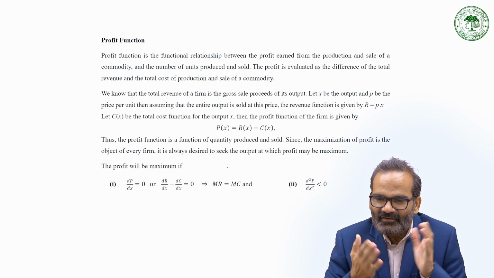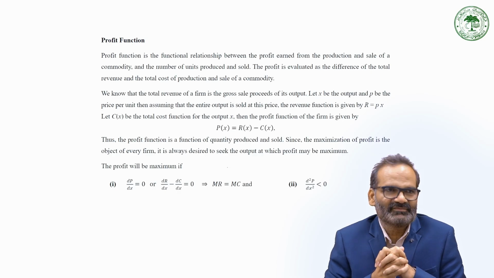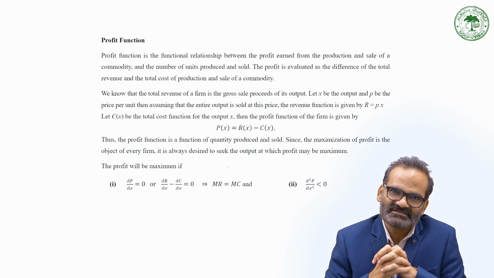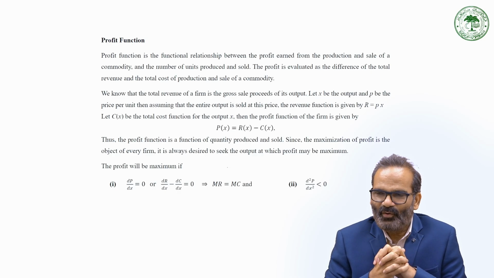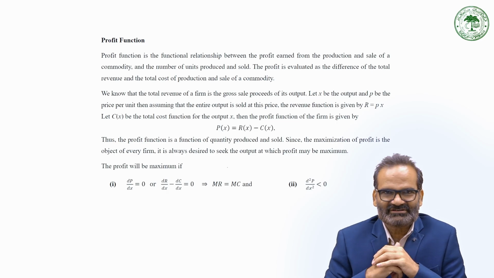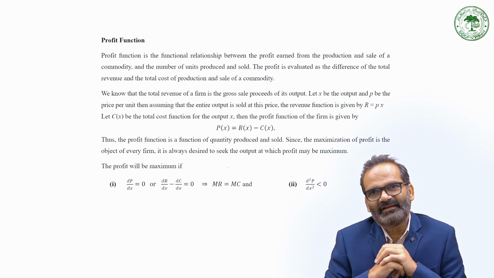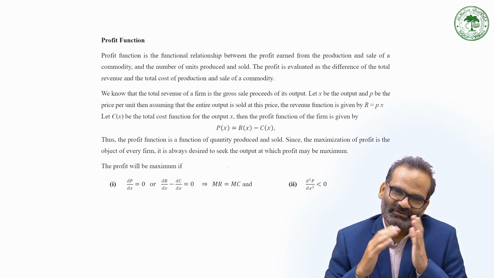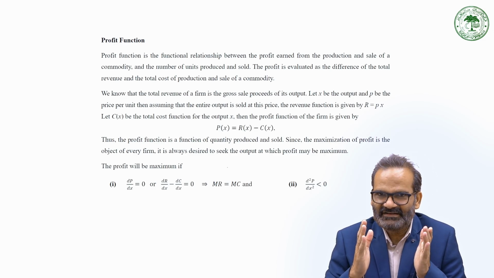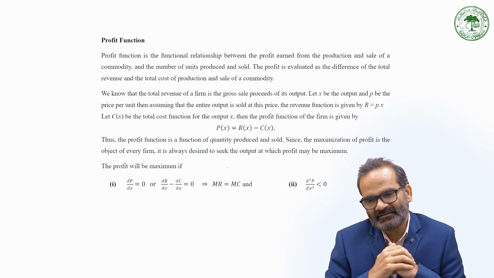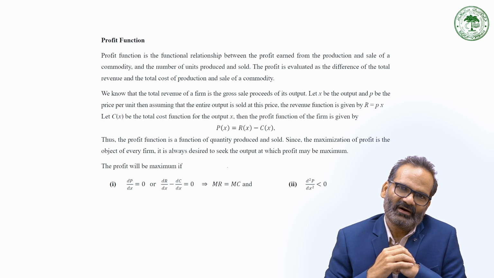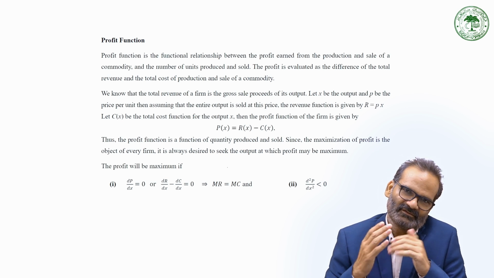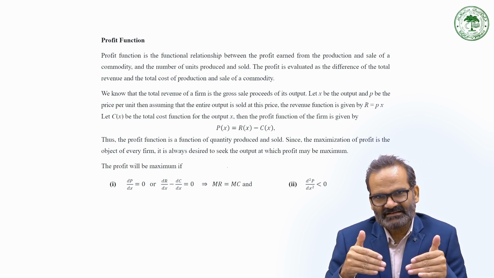Anyway, we need the difference of revenue minus cost. That will give you the profit, and at this point the profit function is always maximized. So use the same process as we did in the case of the revenue function. You know how a function is maximized. So the profit function will be maximized as follows.